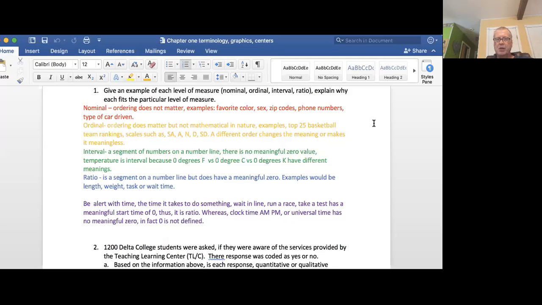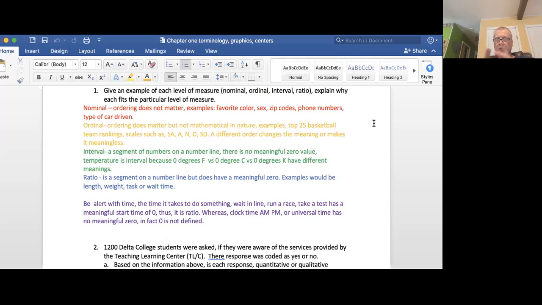This class is coded as Math 208. That's just an identifier that has nothing to do with the number 208. Other things that are non-numeric would be things like your opinion or your favorite color or the type of car you drive.